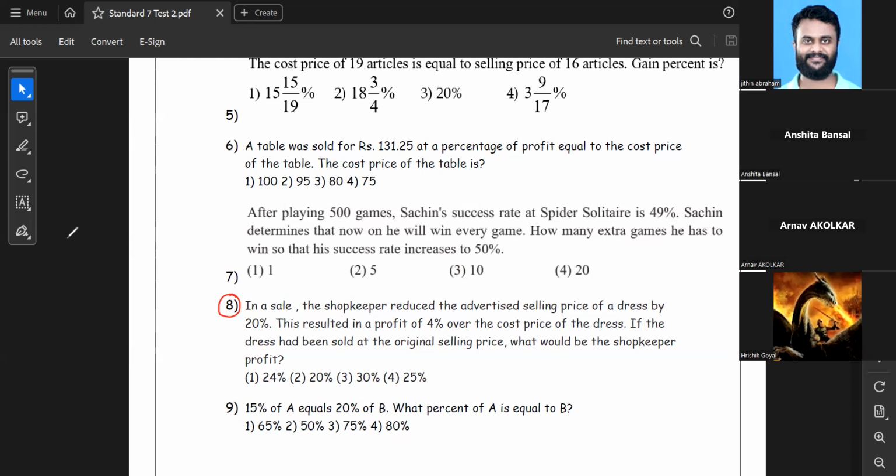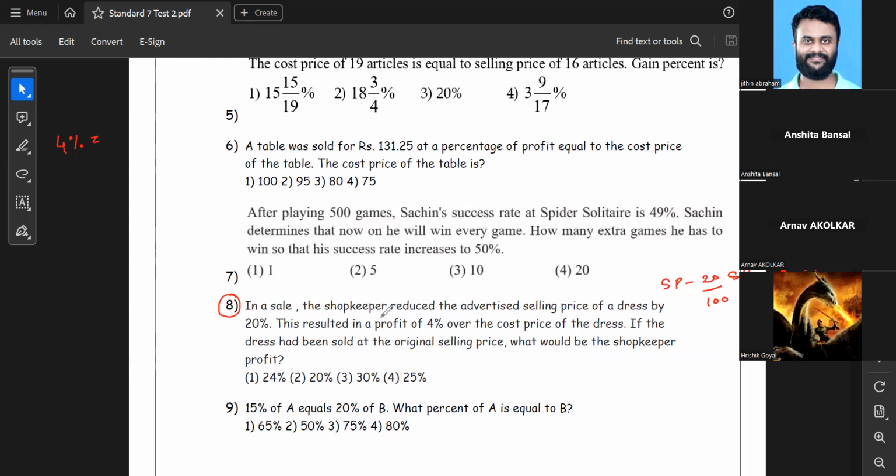So currently the shopkeeper's profit is 4%. The current selling price is the original selling price minus 20%, which is going to be 80% of the original selling price. 80% can be written as 0.8 SP.